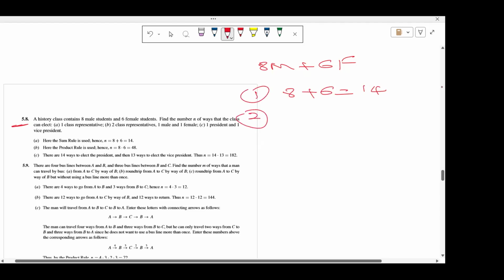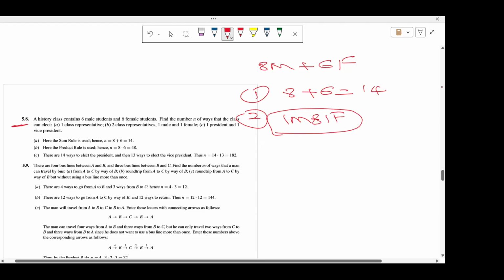But for the second question, we need to select two representatives, one male and one female student, right? In that type of scenario, what will happen?